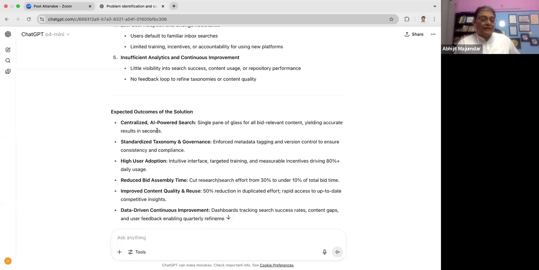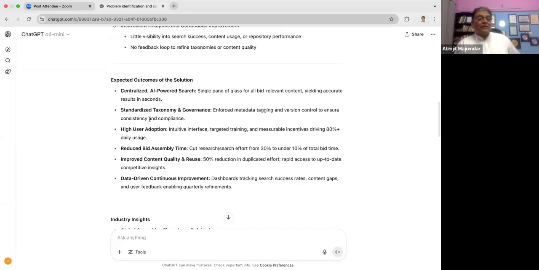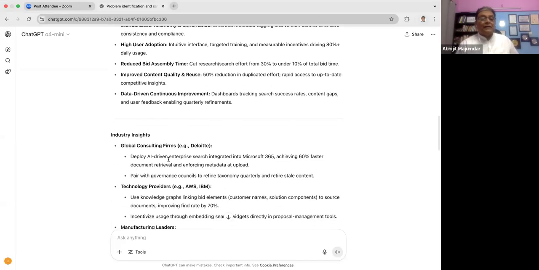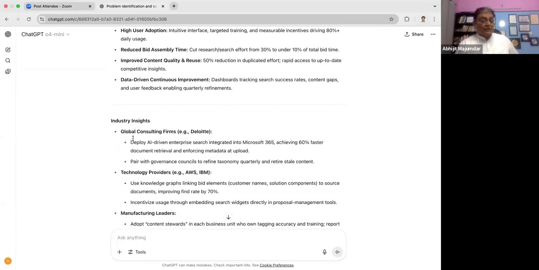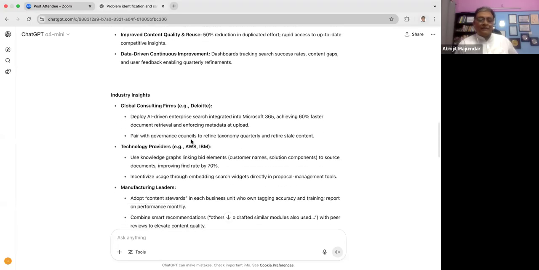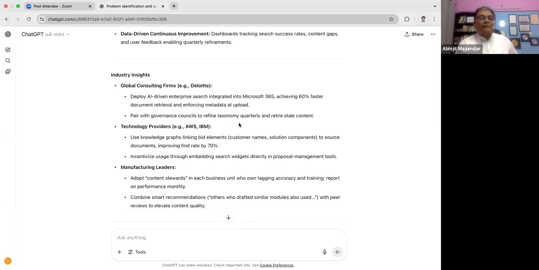Basically, maybe you can have a centralized AI-powered search, standardized taxonomy and governance, high user adoption, industry insights. So it is now picking up insights from the industry. Consulting firms like Deloitte employed enterprise-level search integrated into Microsoft 365, achieving 60% document retrieval, paired with a governance council.